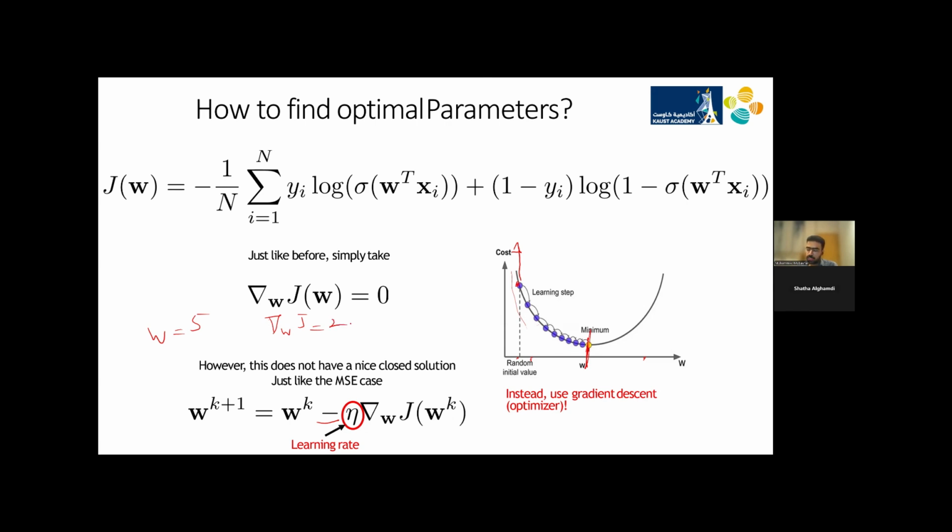Okay. So we will just update our weight towards the negative gradient. So we will do new W equal to W minus the derivative. Okay, so it will be 5 minus 2. So our new W would be 3. Okay, this is just an example. Any questions so far?